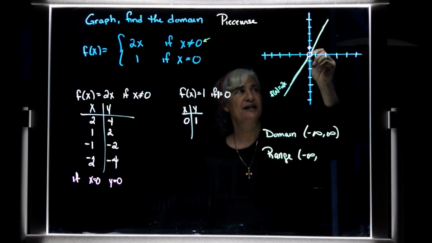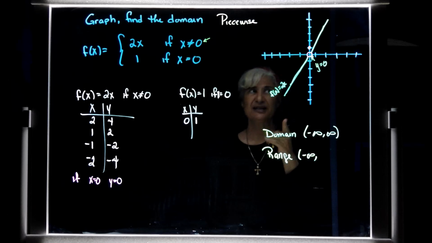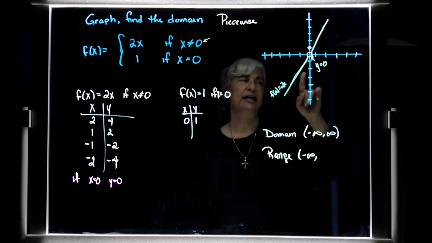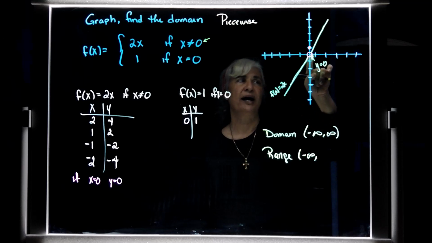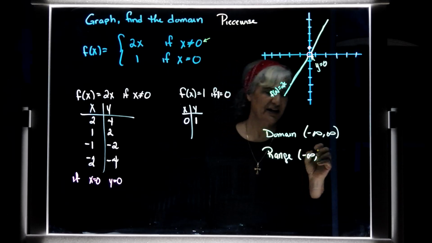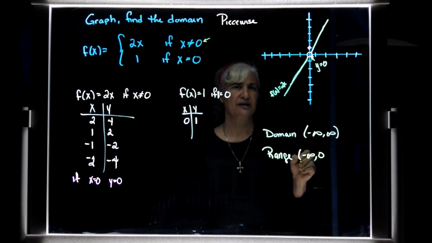So far, so good. And then I hit here. And this is where y equals 0. But that's a hole. And I'm not seeing the y being equal to 0 anywhere else. So on my range, I kind of have to stop at that 0, don't I?